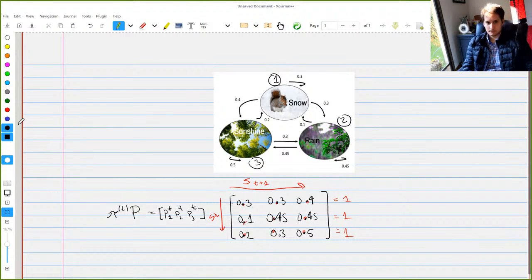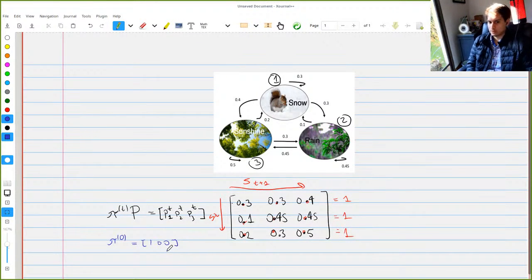Now, the second question within the first activity is what happens if we start with a probability vector of 1, 0, 0. If you replace the vector 1, 0, 0 here and do the matrix multiplication, what we obtain is the first row, 0.3, 0.3, 0.4.